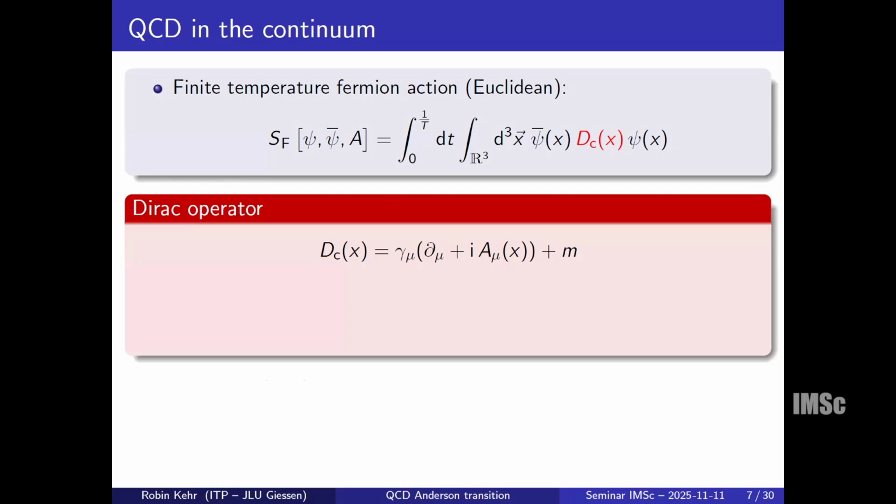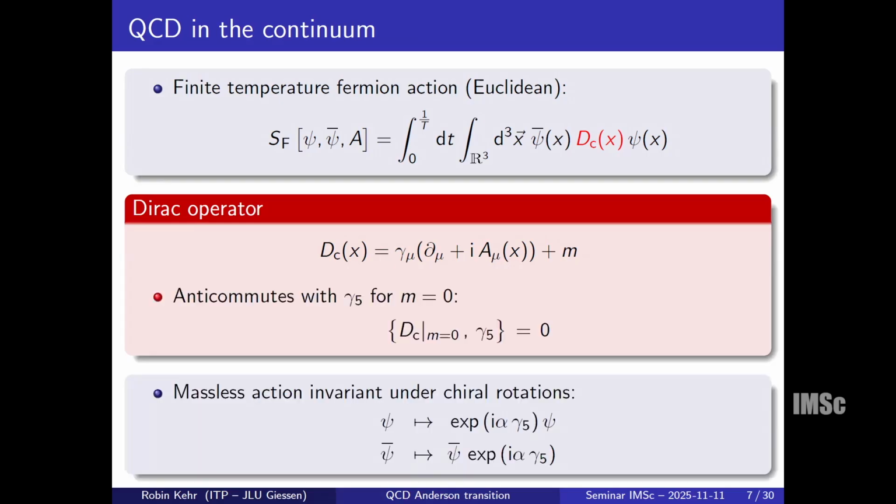And then here we have this quark bilinear, and in there we have the Dirac operator, which reads like this. If you look at m equals 0, so this is the quark mass, then the Dirac operator anti-commutes with gamma 5, our chirality operator. And as a result, the massless action is invariant under the chiral rotations here. So this is nothing new, just a reminder.